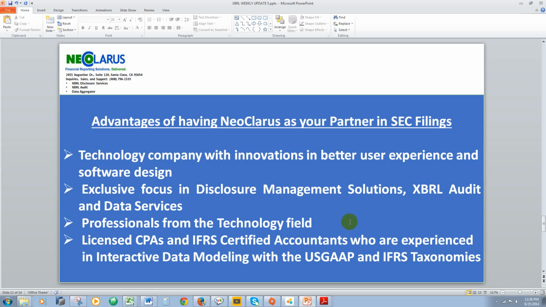And we have a team of professionals from the IT field, and we have licensed CPAs and IFRS certified accountants who are experienced in interactive data modeling with the US GAAP and IFRS taxonomy. So those are the basic advantages of having NeoClarus as a partner for your SEC filings.